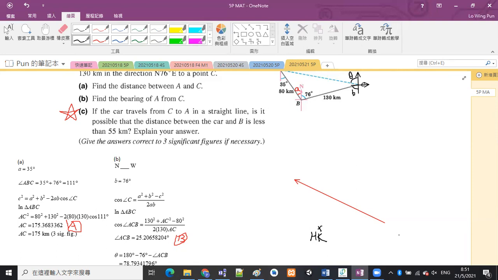Okay, the shortest distance between Hong Kong and this line, this route. Will it be less than 800 km or not? Then I need to find the shortest distance. The shortest distance is always the perpendicular distance. Shortest distance between a point and a line is the perpendicular distance from the point to the line. So we need to draw a perpendicular line from Hong Kong to the route of the typhoon first. So that is like this.